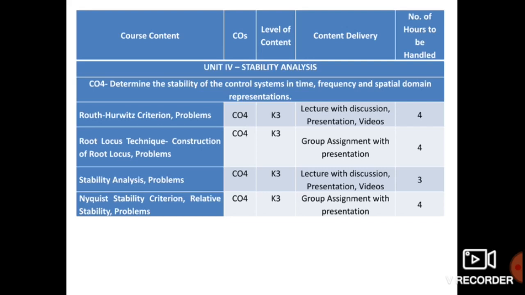For this we have some techniques like Routh-Hurwitz criterion and the root locus technique, and the construction of root locus and so on will be seen by means of some problems and stability analysis techniques. Then the Nyquist stability criterion, relative stability, and its associated problems. All those will be discussed in this unit 4.